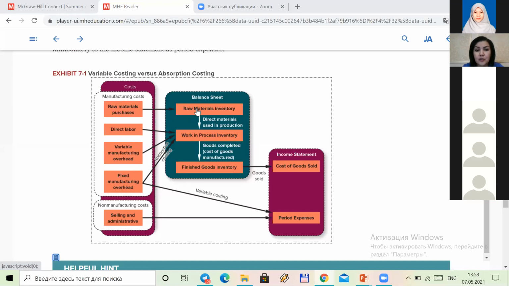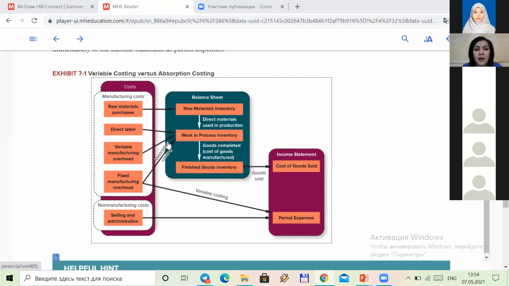costs from the raw materials inventory account. Do you remember, direct materials go into the work in process account? So we open the work in process account. Direct materials are included into the work in process account. Here we collect all costs in order to calculate the cost of goods manufactured.